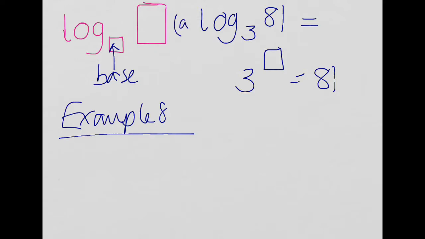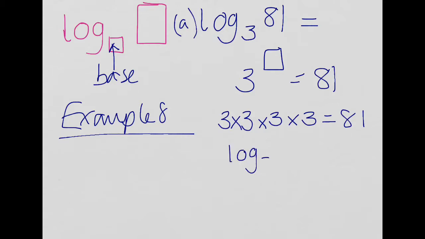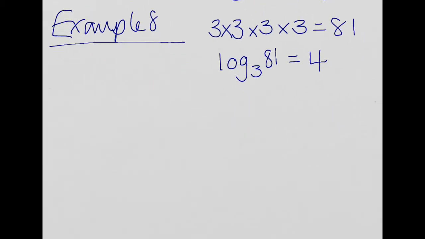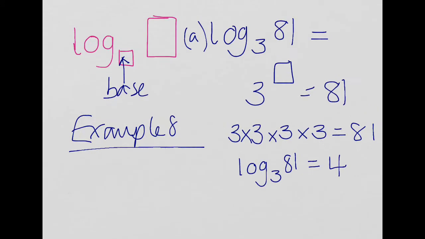So 3 times 3 is 9, times 3 is 27, times 3 is 81. So the answer for this question would be 4. Okay, so log of 81 to the base 3 is 4 because my exponent is 4. You can check that on your calculator using this here.